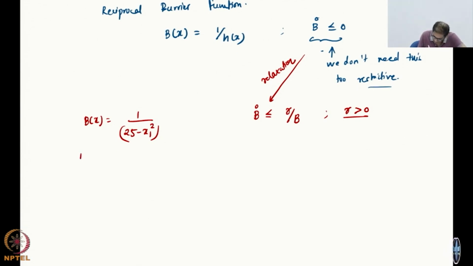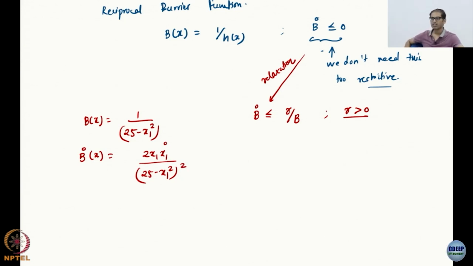Let us see, what is B dot of x? This is 2 x1 x1 dot divided by (25 minus x1 squared) whole squared. No minus, it is a plus, that is fine.